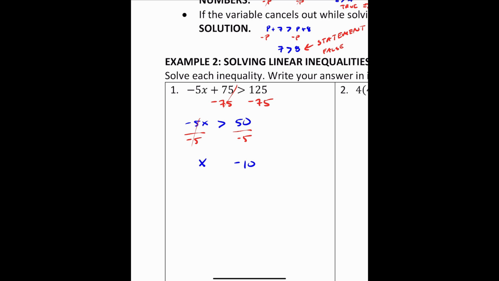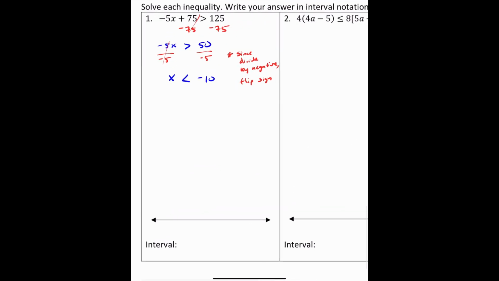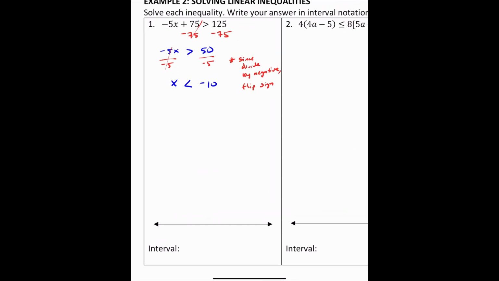But since I divided by a negative, I need to flip the sign. So this greater than sign, because I divided both sides by a negative, becomes a less than sign. So I have x is less than negative 10. Let's go ahead and graph and then write our interval notation.